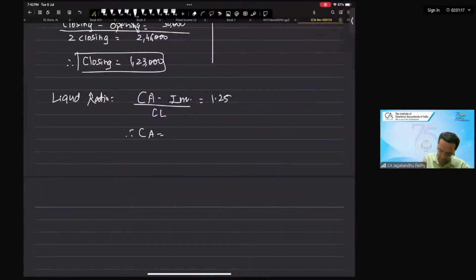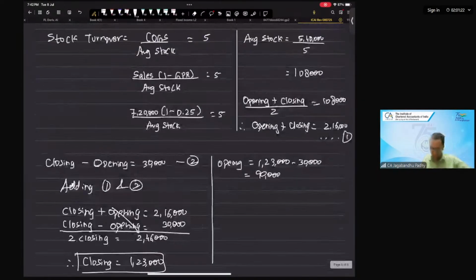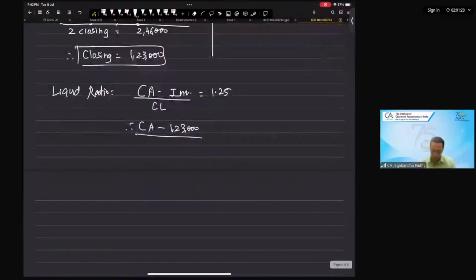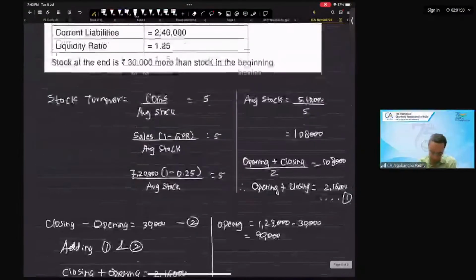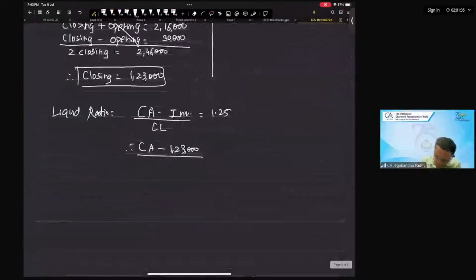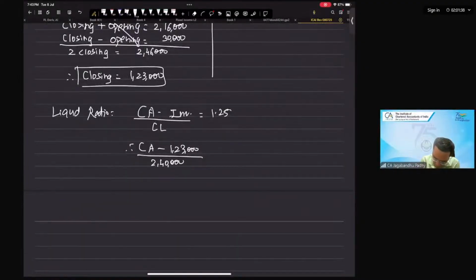And this liquid ratio is given to us to be 1.25. Now we don't know the current asset, but we know the closing inventory is 1,23,000, and current liability is 2,40,000. So current asset minus 1,23,000 is 1.25 into 2,40,000, which is 3 lakhs.